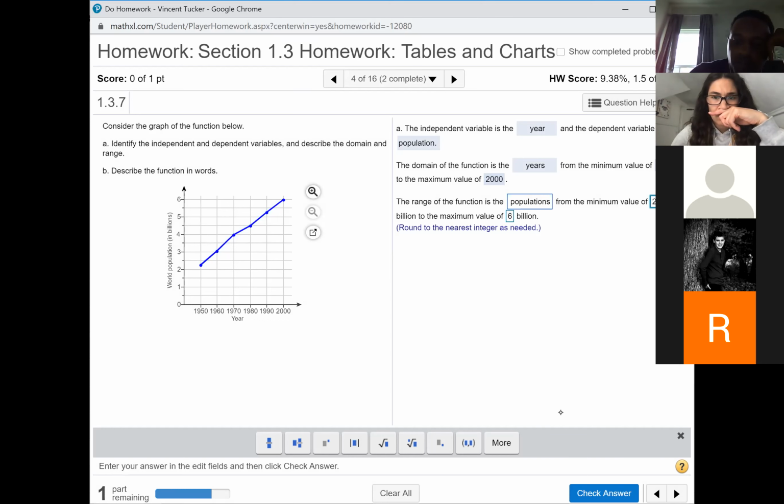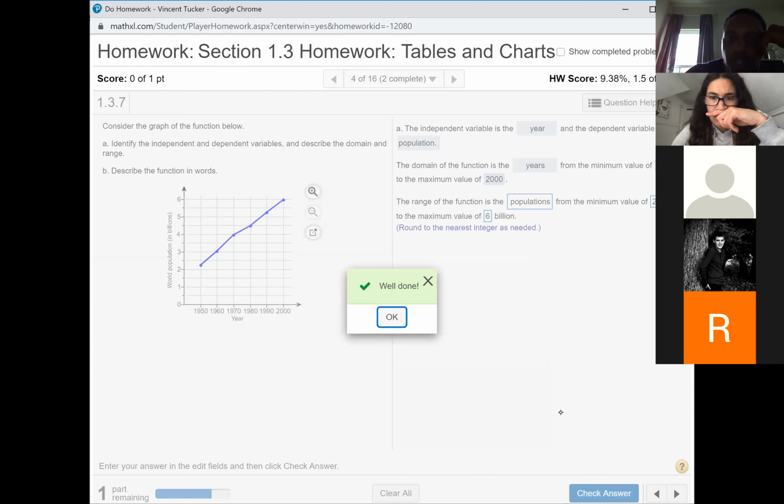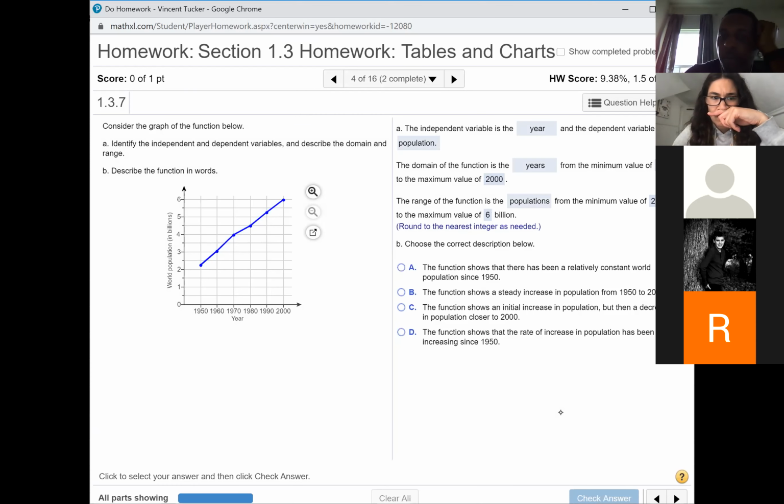So let's try 2 then. Yeah, so you saw that. Make sure you take note. Even though this 2, when you look at y, is not at 2, it says round to the nearest integer as needed. So you saw I purposely put in 2.25, because we got 2 and halfway through is 2.5. Then you got 3 right here.